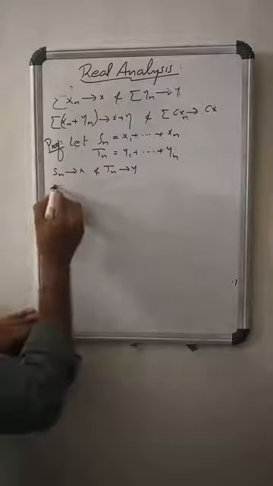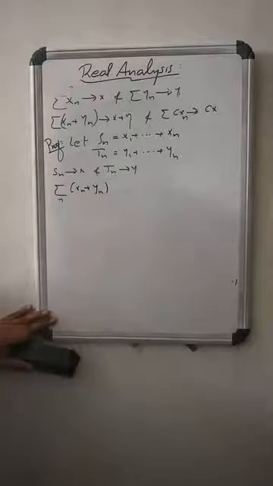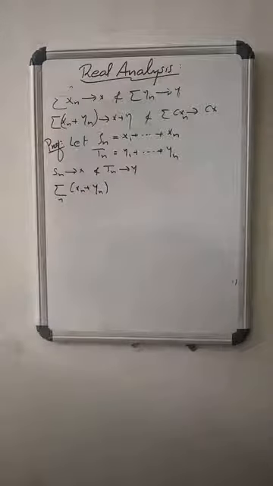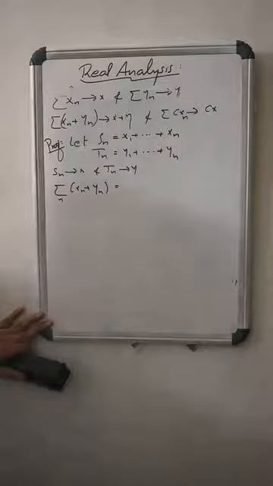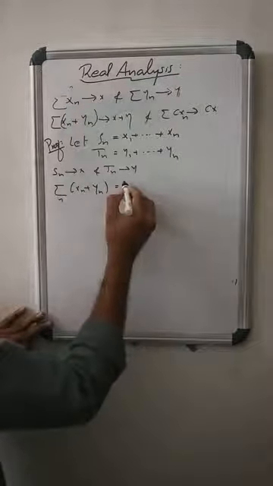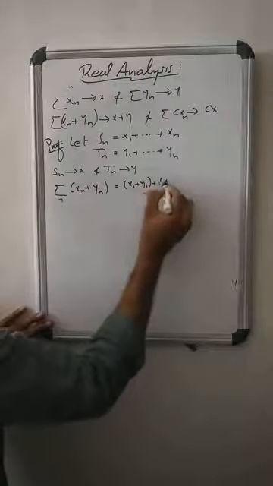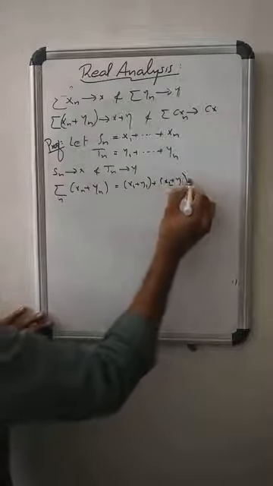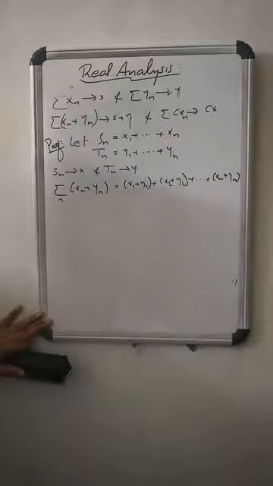Now, what about the sum over n of (xn + yn)? That equals (x1 + y1) plus the next term (x2 + y2) plus ... plus (xn + yn). Agree?